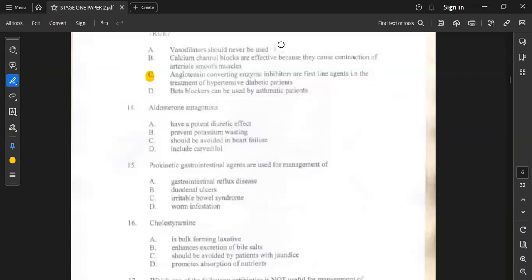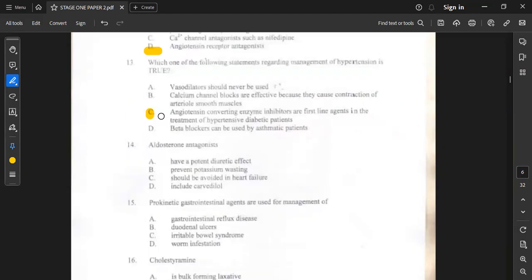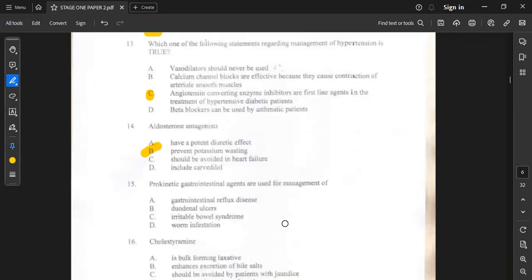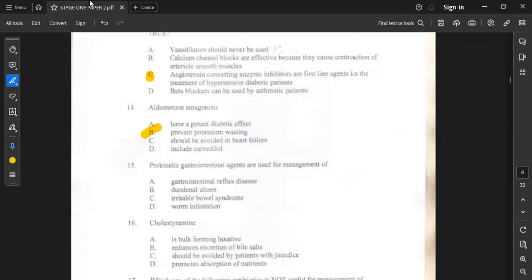Because they are used for heart failure, they are not potent diuretics, and carvedilol is not one of them. Anyone wants to add anything on this?